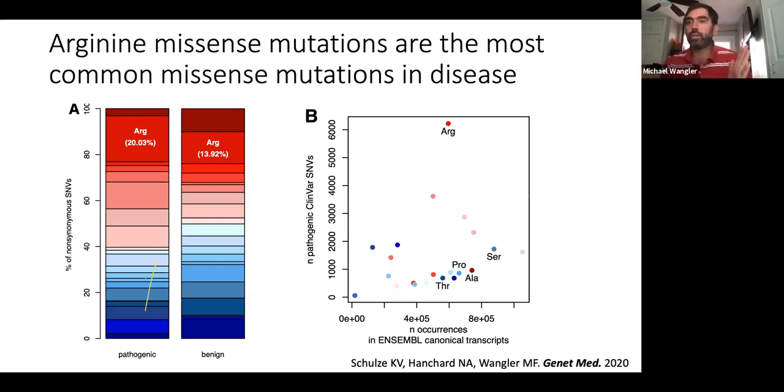And that really showed nicely that arginine, even adjusted for how frequently it occurs in a coding region, is a really dominant driver of pathogenic SNVs.